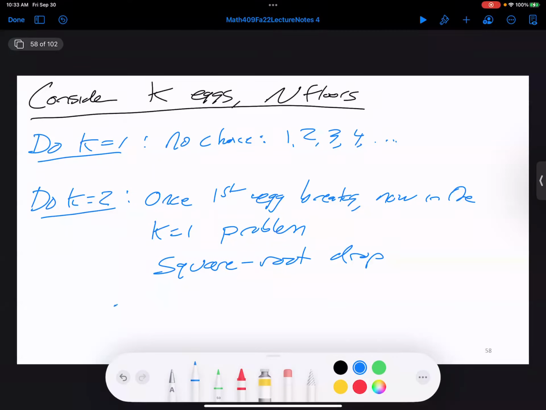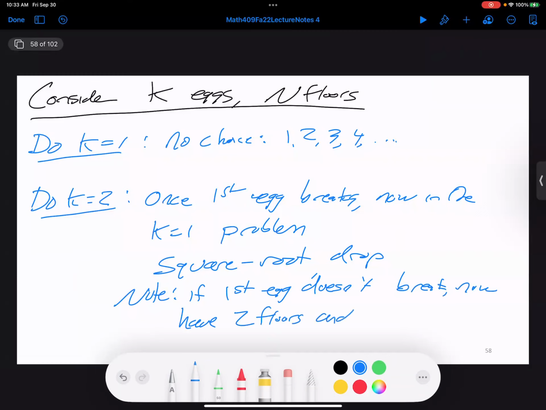So note, if the first egg doesn't break, now we have 2 eggs and n minus x floors, right? So we wouldn't drop the next one necessarily another x units above.